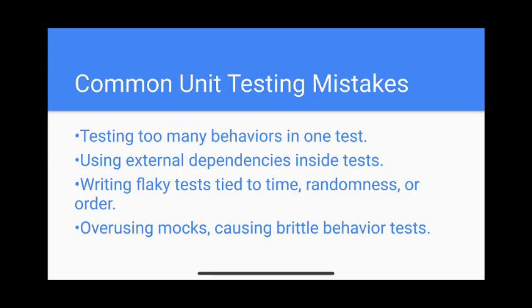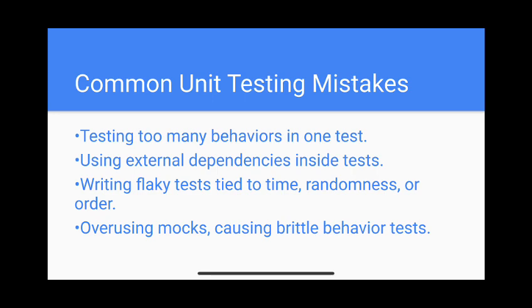And another mistake is writing flaky tests, meaning that the test outcomes may depend on randomness or the order that they are run in, their external states, or even time that they are run. And it just destroys trust in the test suite and is difficult to reproduce or debug.